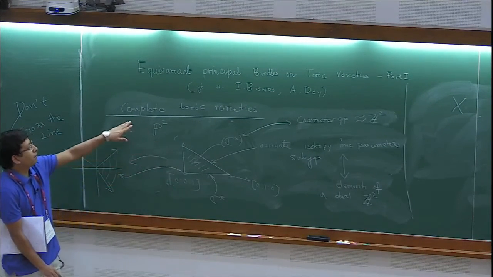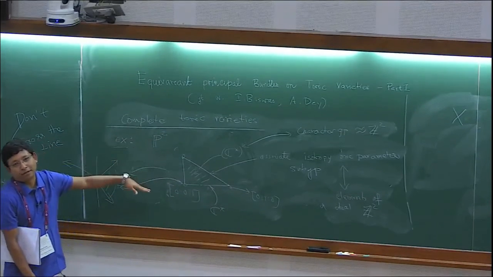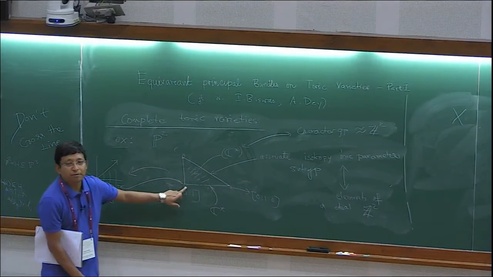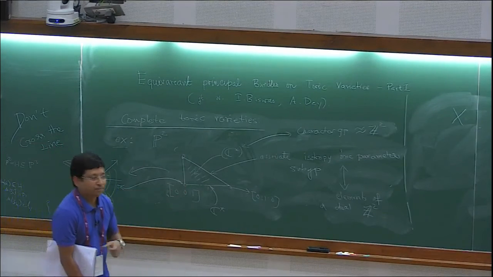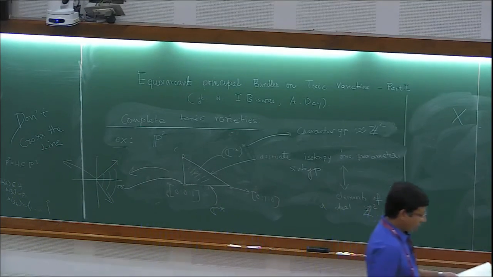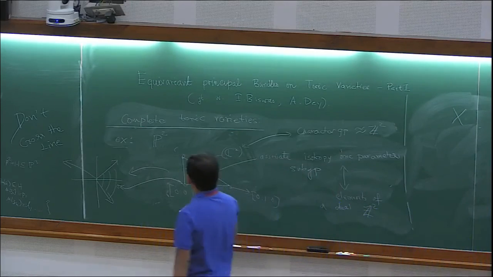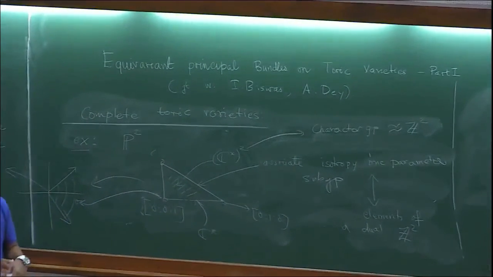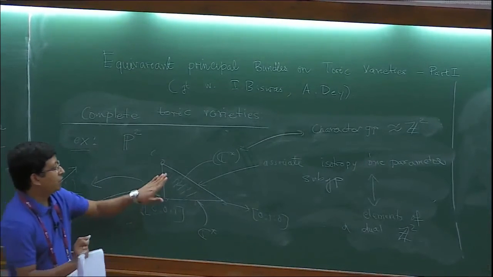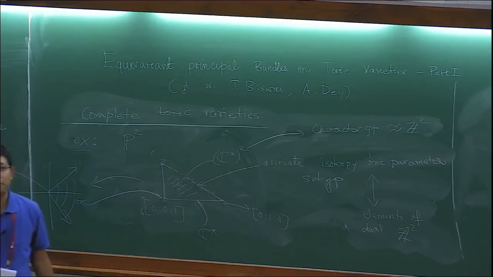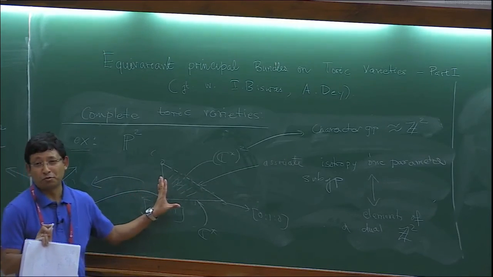In the complete case, you can do that. Each cone in the fan identifies with a torus fixed point. This torus fixed point lies in some affine toric variety. You can delete this divisor and you get a copy of C2.